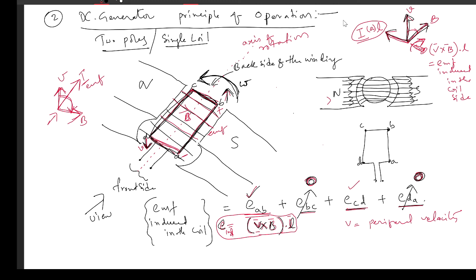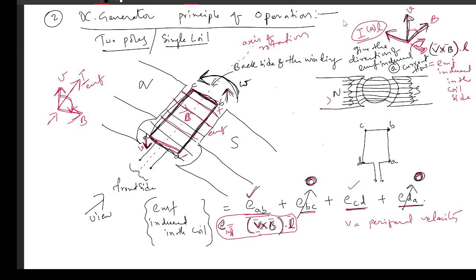So V cross B dot L gives us the direction of EMF induced or the current flow in the conductor or coil side.